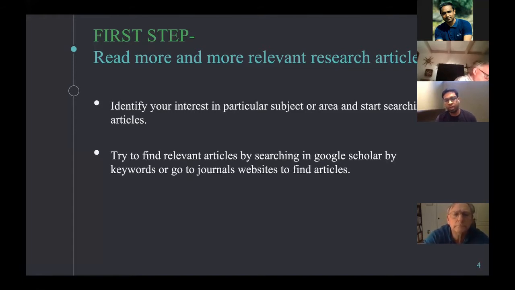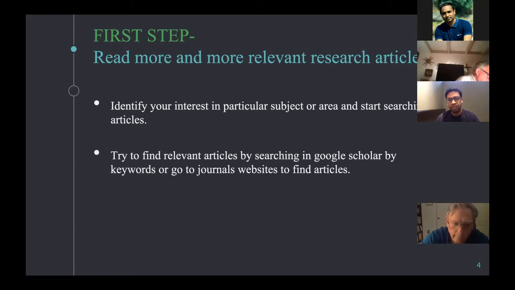For example, if you work on chemistry, there are several journals dedicated only to chemistry, similarly for physics, biology, everything. So you have to go to the journal website and read their aim and scope, and you will find your relevant research articles.